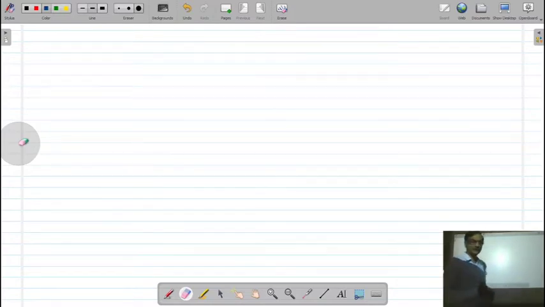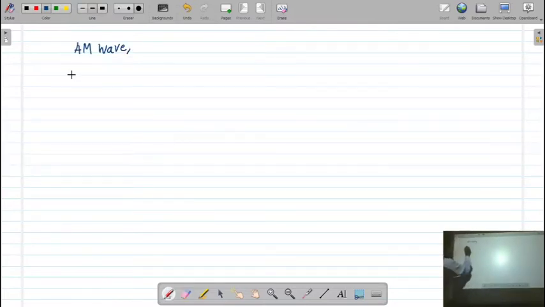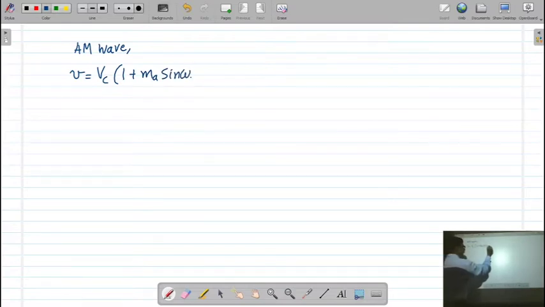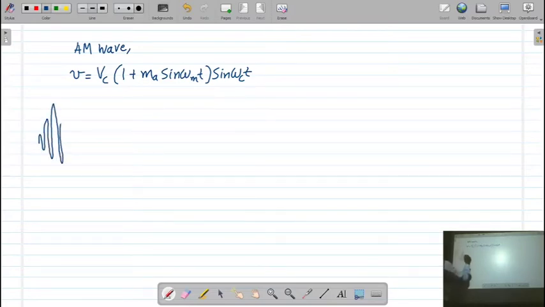The expression for the amplitude modulated wave is given by V equals Vc into 1 plus Ma sine omega mt, into sine omega ct. Remember, this is a modulated wave, and we can represent it with this expression.